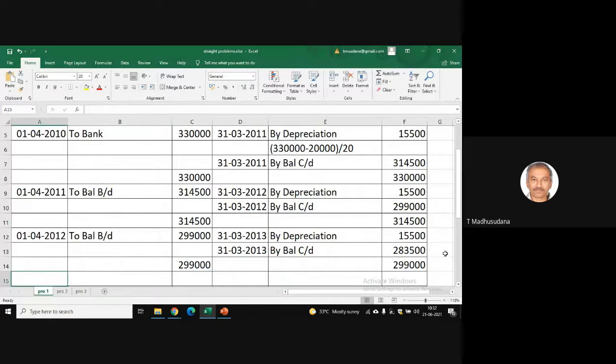Next year first date 1/4/2013 to balance brought down. How much? 2,83,500.